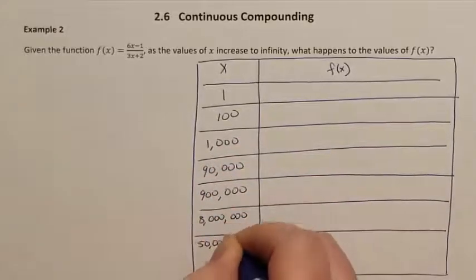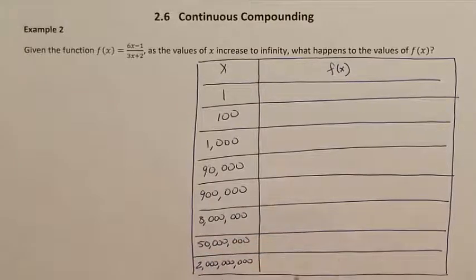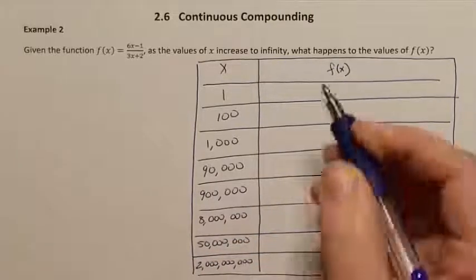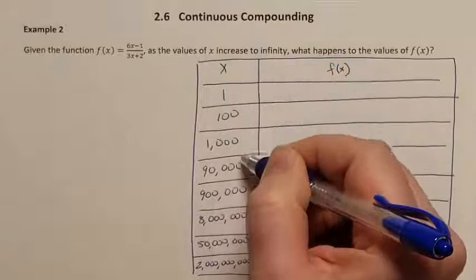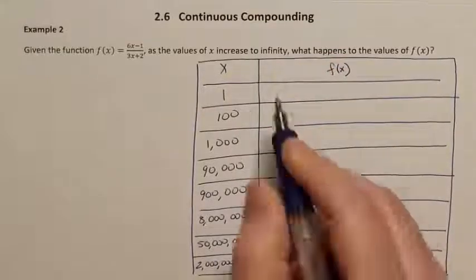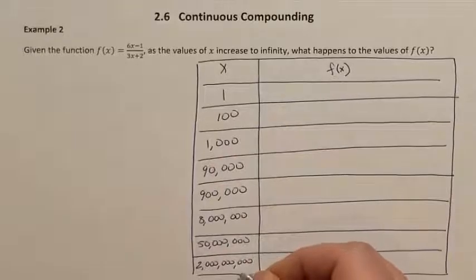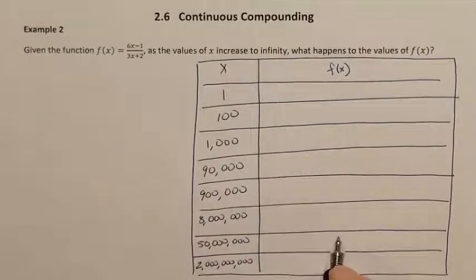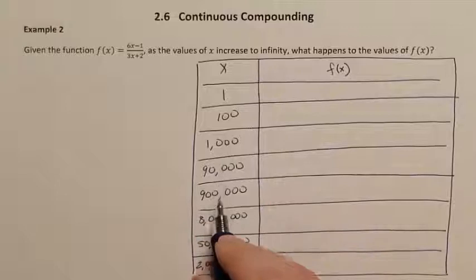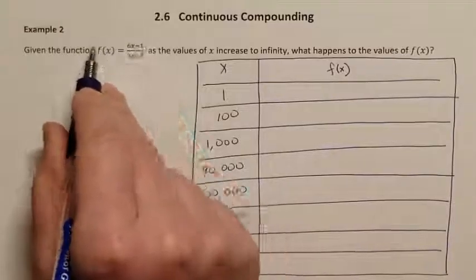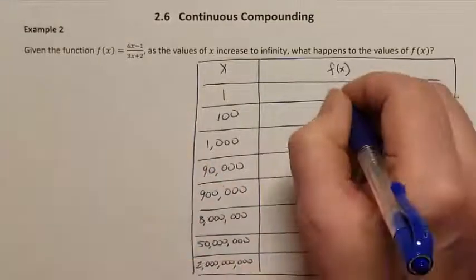You'll notice I added another 1 in here. So we want to see what is really happening as we keep getting closer and closer and closer to infinity, as we just keep getting increasingly, absolutely huge. What's happening to our f of x? So we're going to use all of these values, type them into this function, and get the following answers.